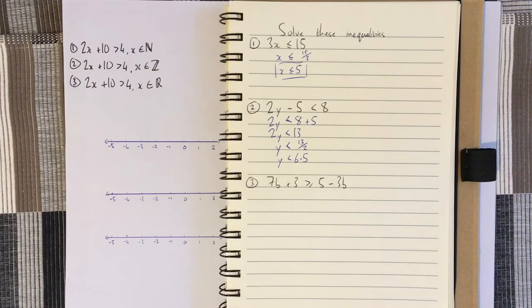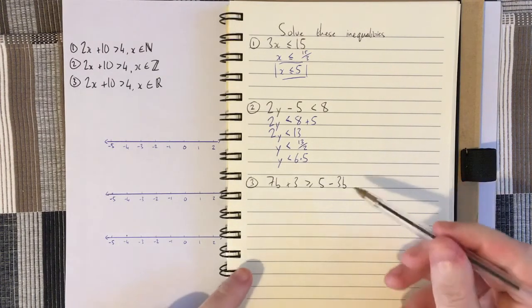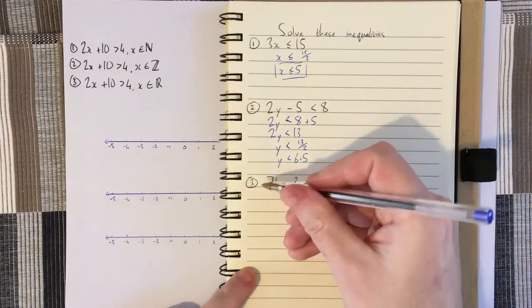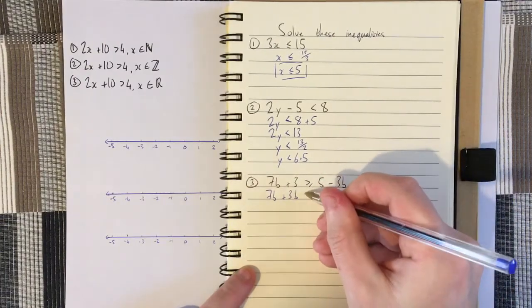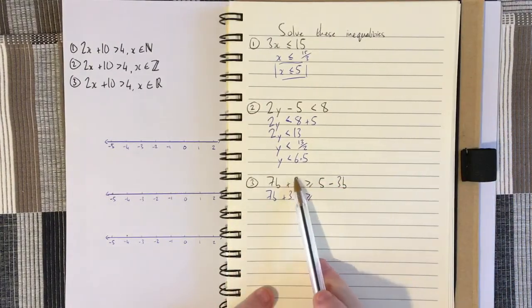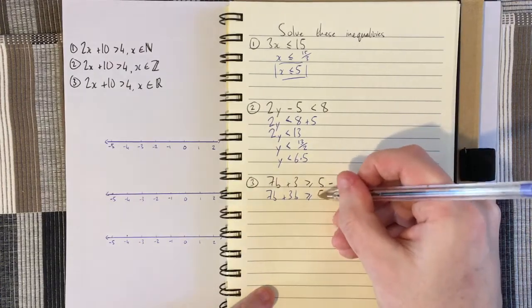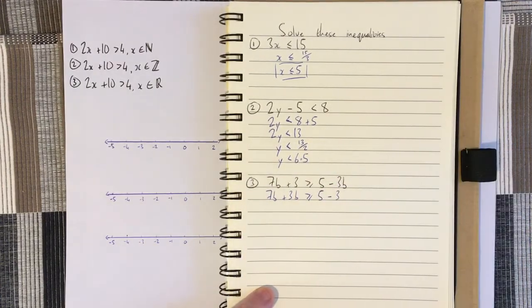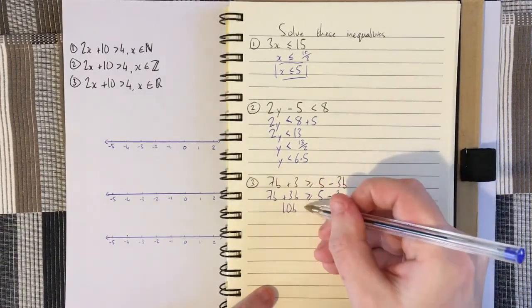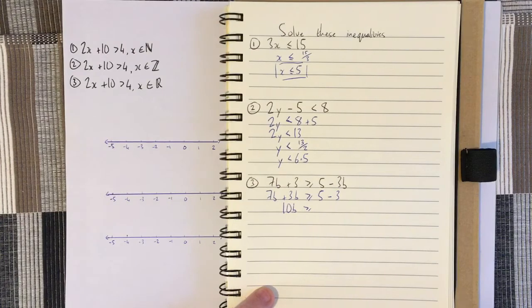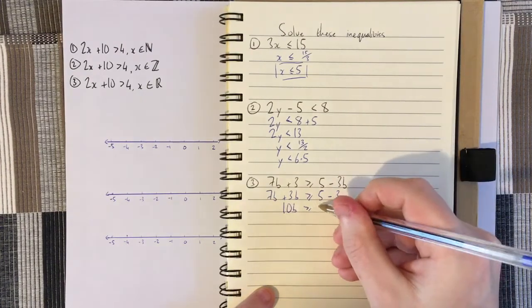This one here then, 7b plus 3 is greater than or equal to 5 minus 3b. So letters to one side, numbers to the other. I'm going to get my letters to the left hand side here. If I bring minus 3b over, it becomes plus 3b. So 7b plus 3b is greater than or equal to, if you bring plus 3 over, it becomes minus 3, so 5 minus 3. 7b plus 3b is 10b, greater than or equal to 5 minus 3 which is 2.